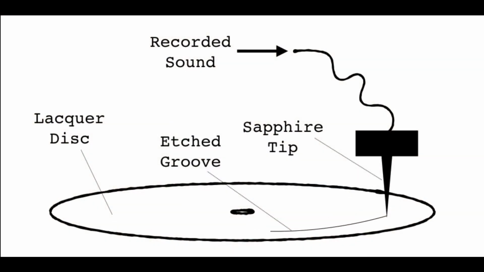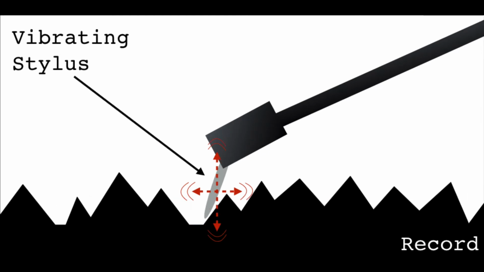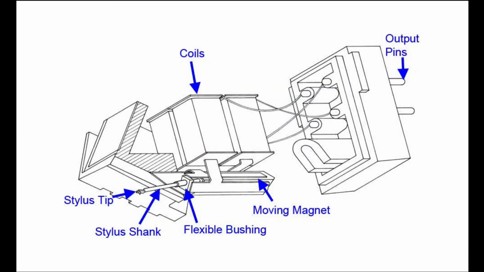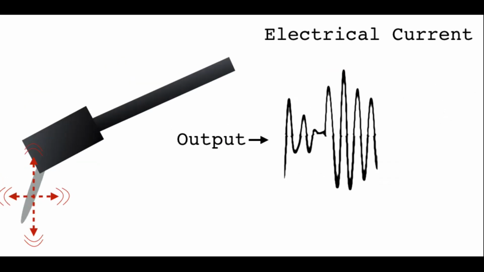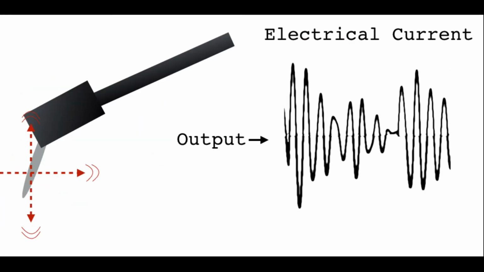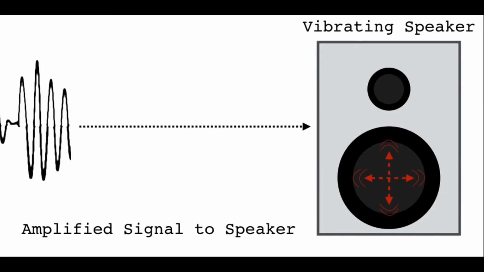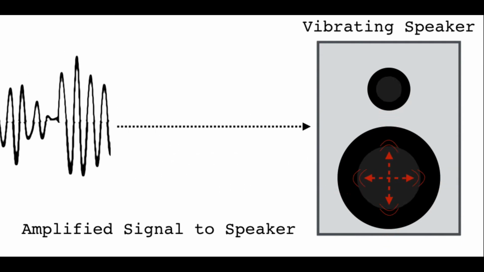Now if we put a more sensitive needle back in that groove and set it up so the movement of the needle creates a vibration in a coil of wire that sits inside a magnet, that'll create a tiny electrical current, which will have the same amplitude and frequency as the groove on the record, which has the same amplitude and frequency as the vibrating point that cut the groove, which has the same amplitude and frequency as the original sound that was recorded.